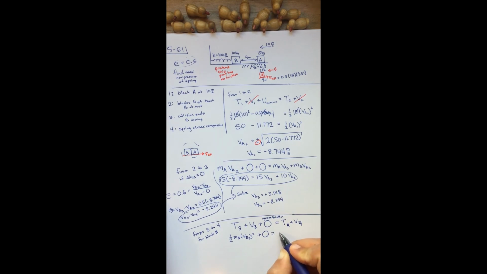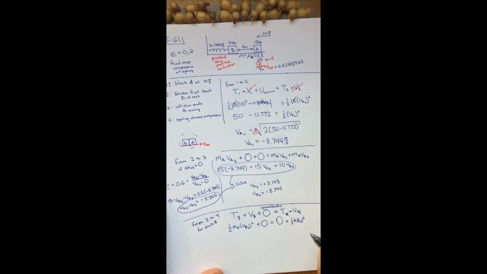And then we have the final kinetic energy, and if the spring is at maximum compression, this would be where the block turns around. So when block B turns around, the velocity is 0, so we have 0 for the kinetic energy, plus for the elastic potential energy we have 1/2 k times s squared. Let's call that S4, and that's what we are looking for.